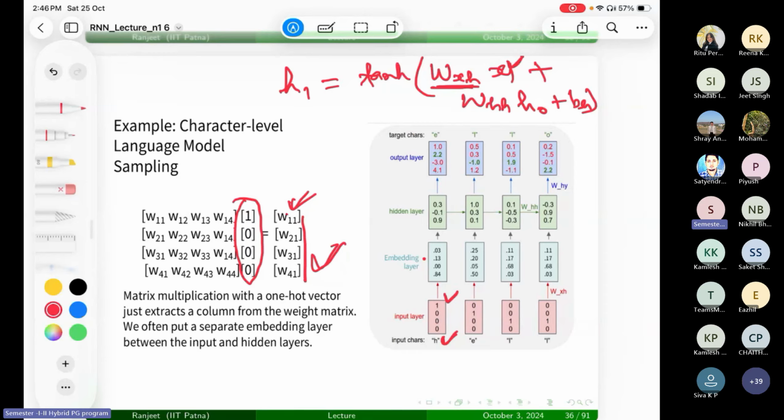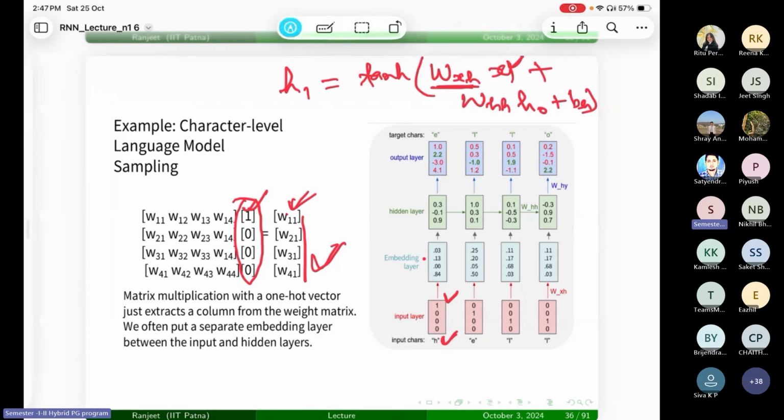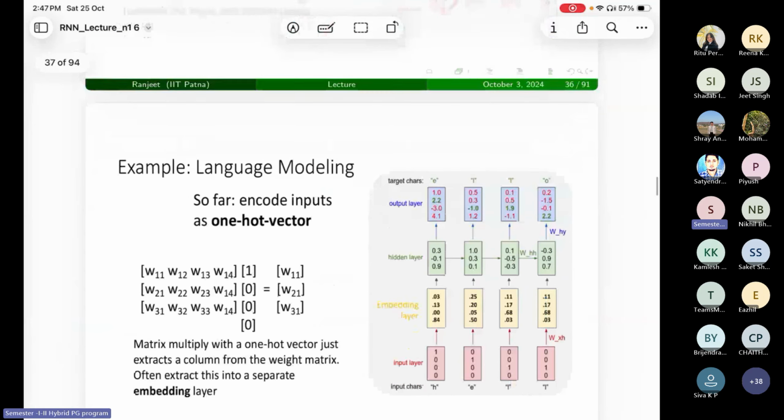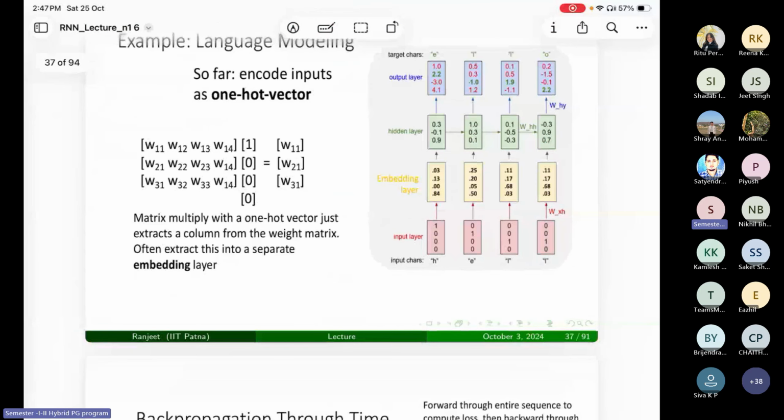Dense means most of the values should be non-zero. Okay, so that's the goal. But here the problem is most of the values are 0. So how to make most of the values non-zero? For this, what is being done? We include one layer called the embedding layer.